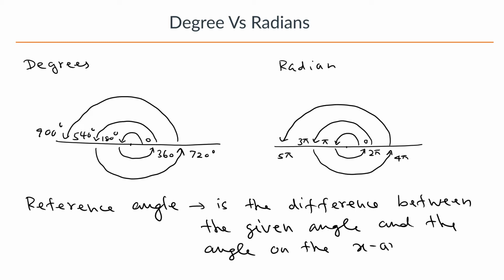This will be very clear once we talk about one or two examples. These are the angles on the x-axis that we just mentioned, the degrees and radians.